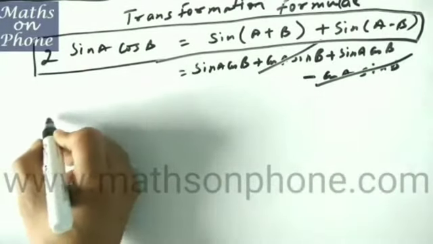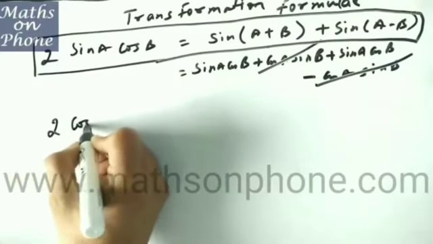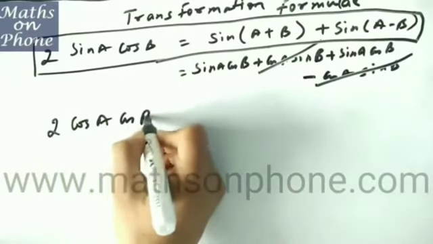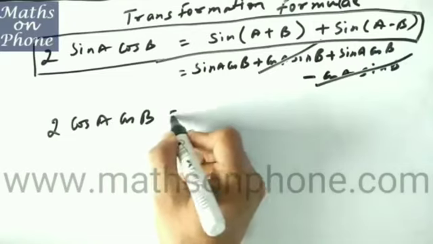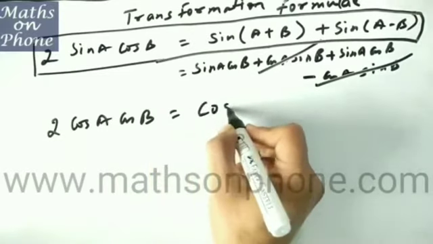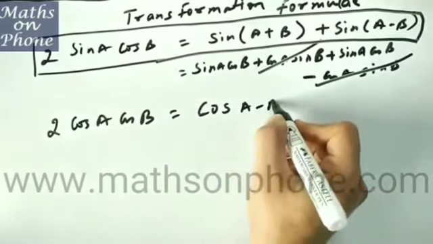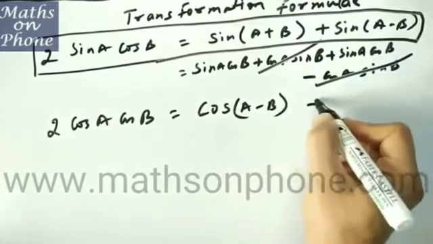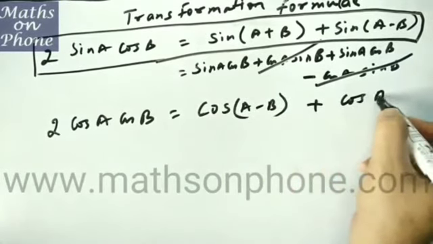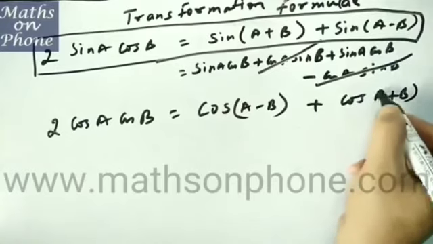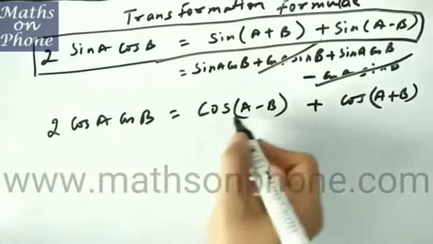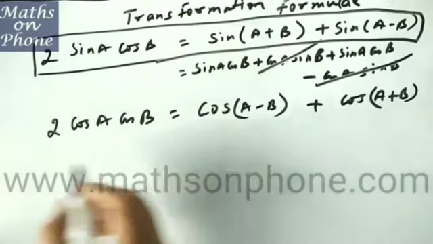Another two formulas I am writing. 2 cos A into cos B. Can you make a guess? Very simple, that is cos(A−B) plus cos(A+B). Very easy way to remember: both cosines, so the formula will be in terms of cos.